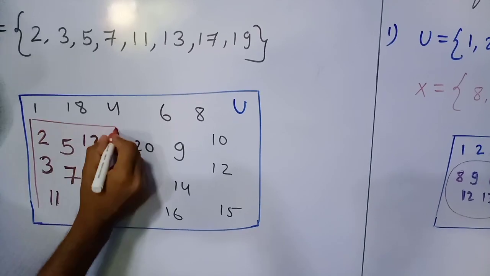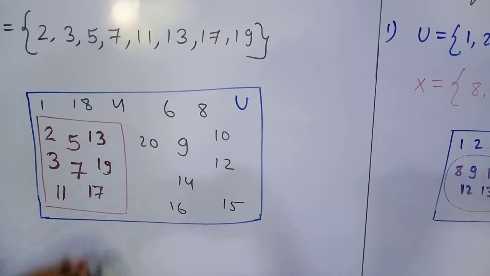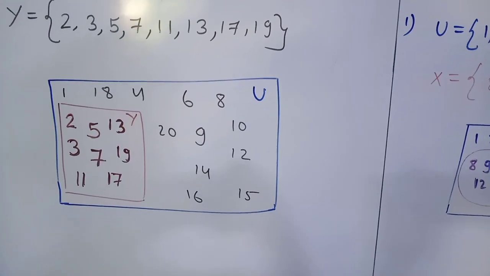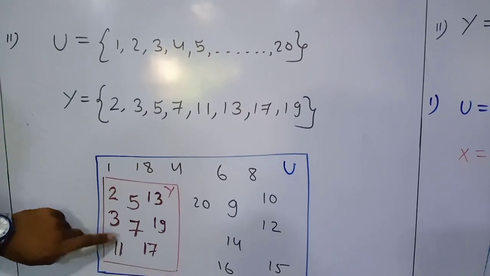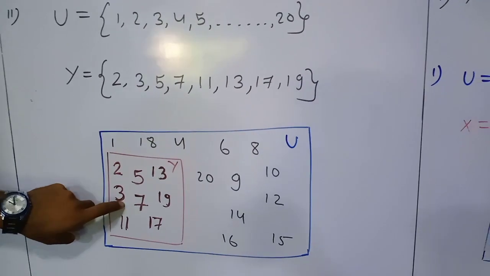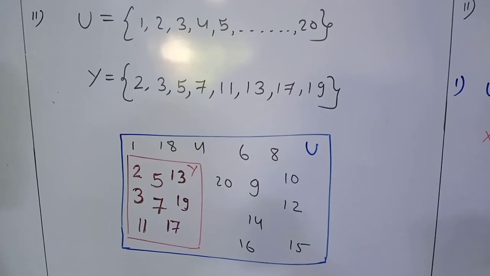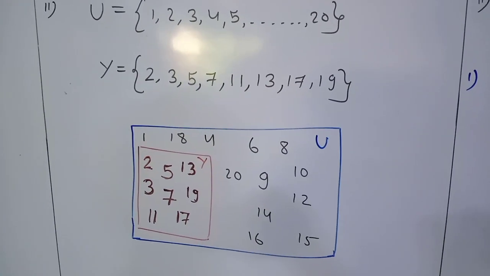Can we say this way, this shape within the universal set is the set Y? So this way we can say this is the universal set and all the elements of Y are included in the set U. So we can also say Y is a subset of U, and the first one, X, is a subset of the universal set.